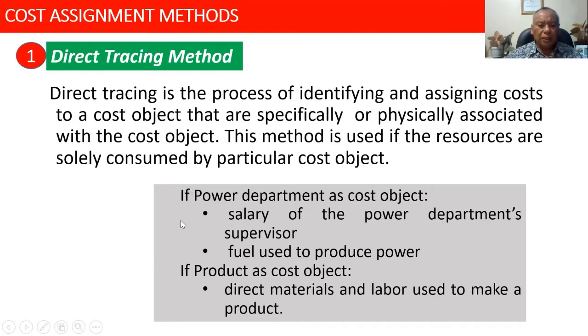For example, if the power department is the cost object, the salary of the power department supervisor will be assigned to the power department using direct tracing, because the supervisor only works for the power department.